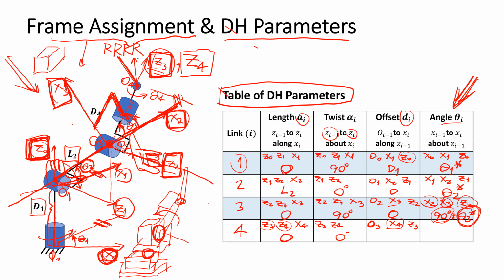So X4 can be some axis that is perpendicular to the C4 and passes through O4. It will be X4 at the end effector. So the offset is measured from O3 to X4 along C3.